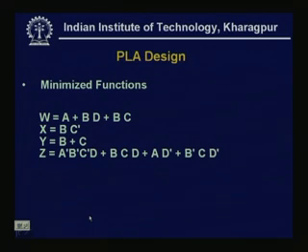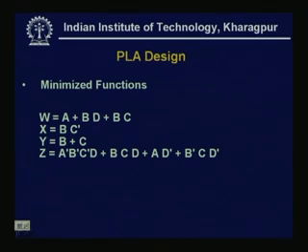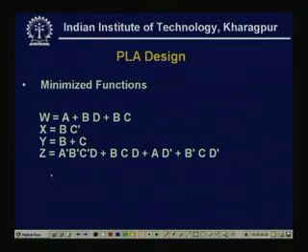Now, similarly, the Z will be A bar B bar C bar D plus B C D plus A D bar plus B bar C D bar. So now it becomes very simple functions, that there are 4 outputs, and this is an ABCD 4 input variable function.